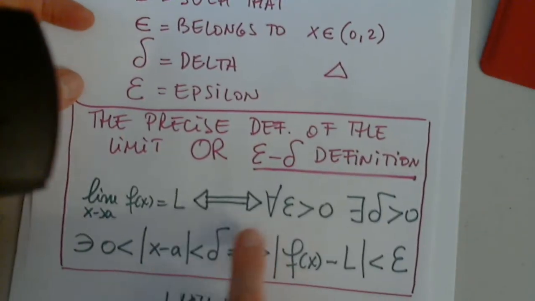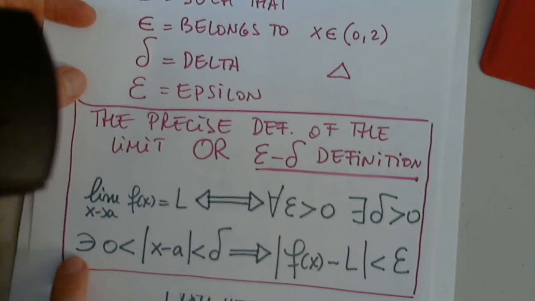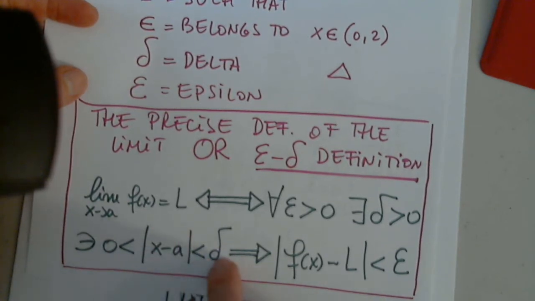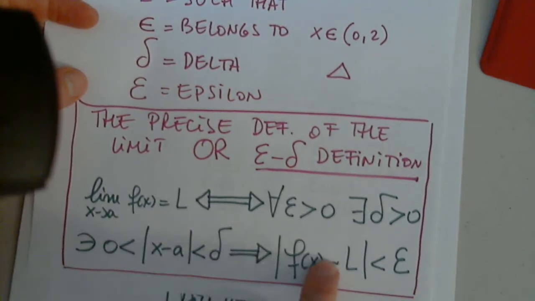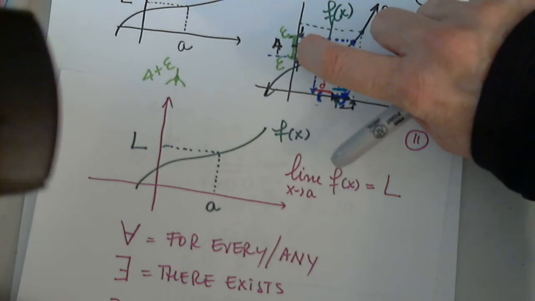Okay, finally, so for every epsilon, I'll find the corresponding delta such that when I pick x with the distance between x and 3 less than delta, it's guaranteed that the distance between f of x and 4 will be less than epsilon.